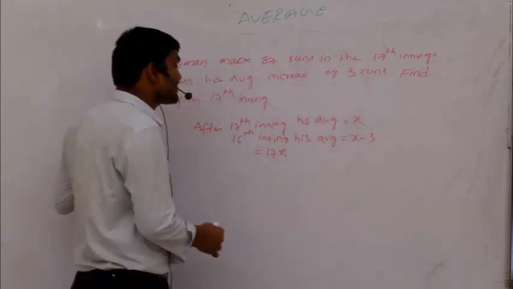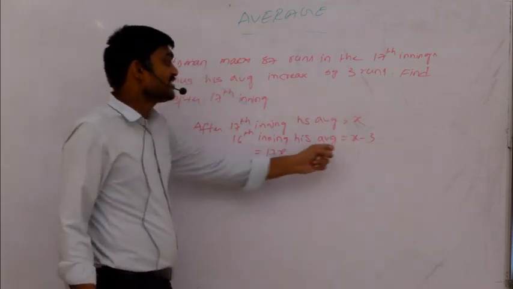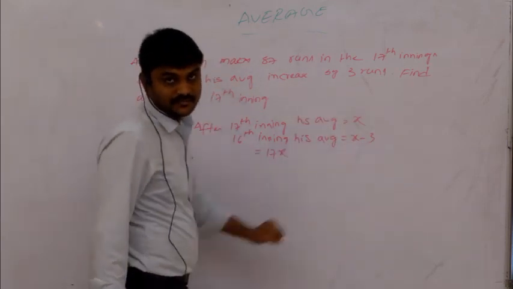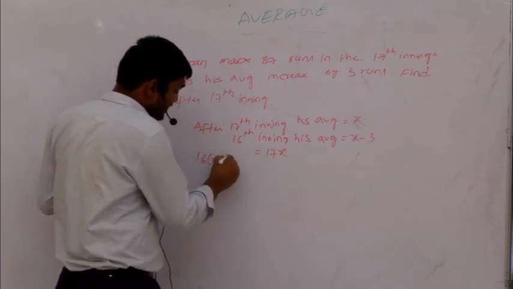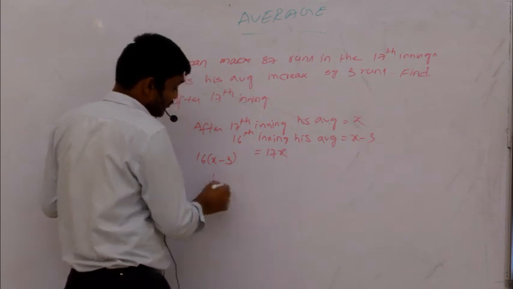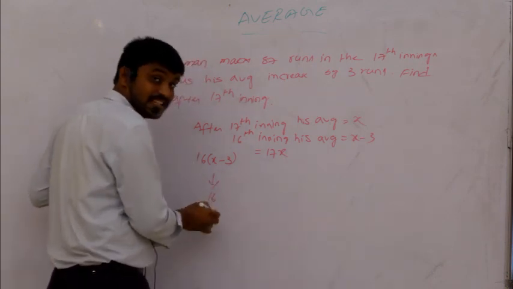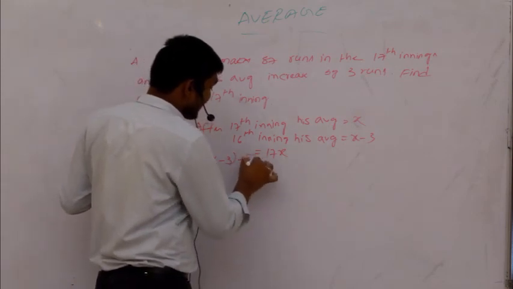So before the 17th inning his average is x minus 3, so the total of 16 innings is 16 into x minus 3. Are you getting? This is the 16 innings score.